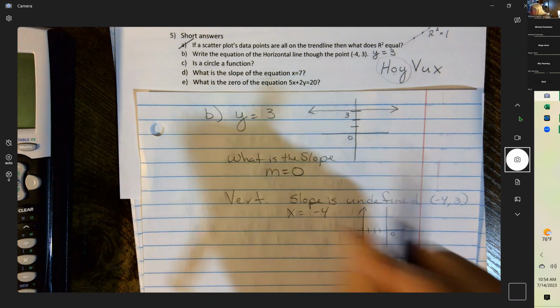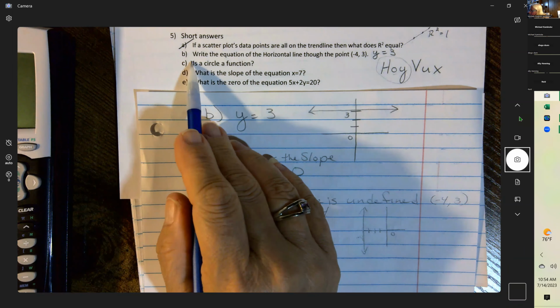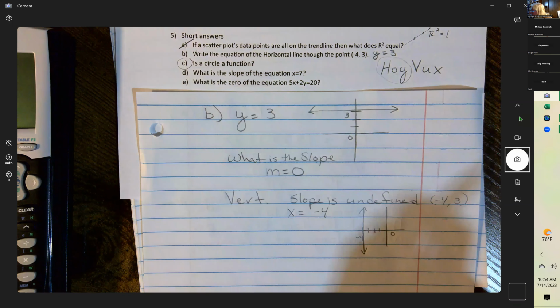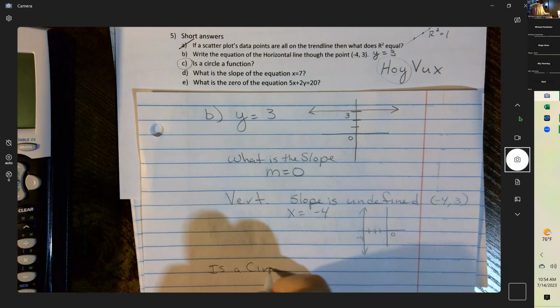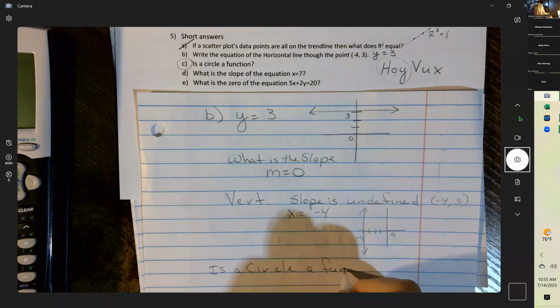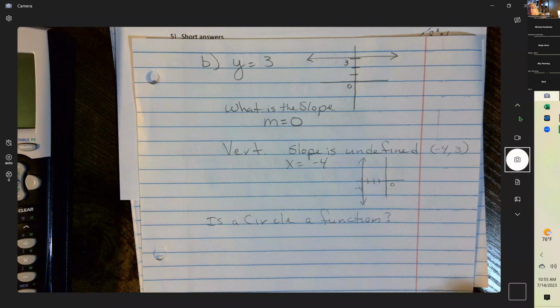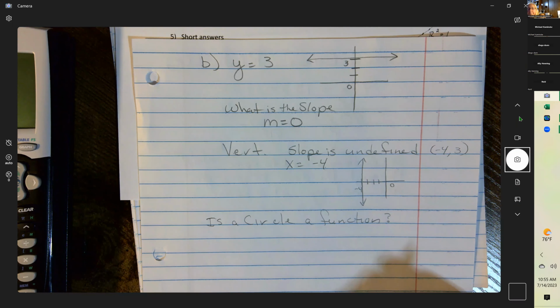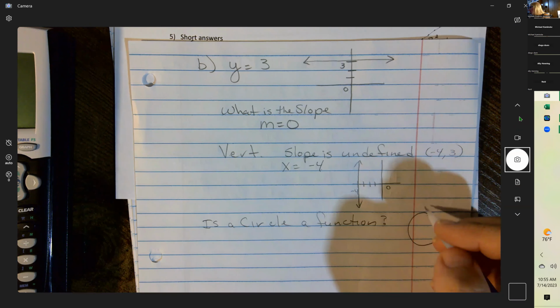Is a circle a function? And you'll have to explain on this one. If we draw a circle, we can use the vertical line test.